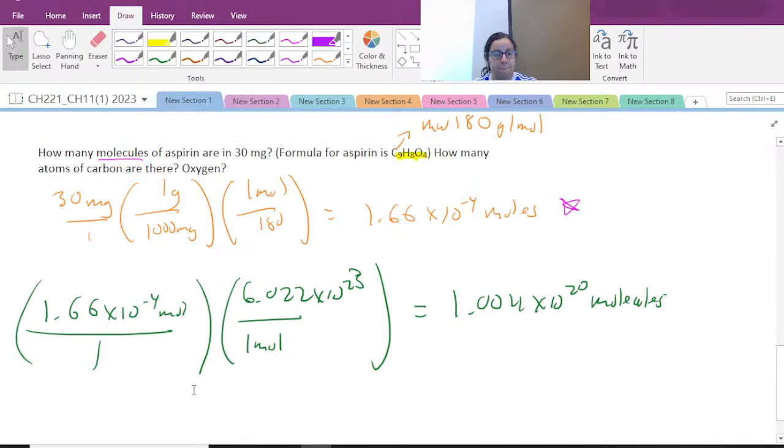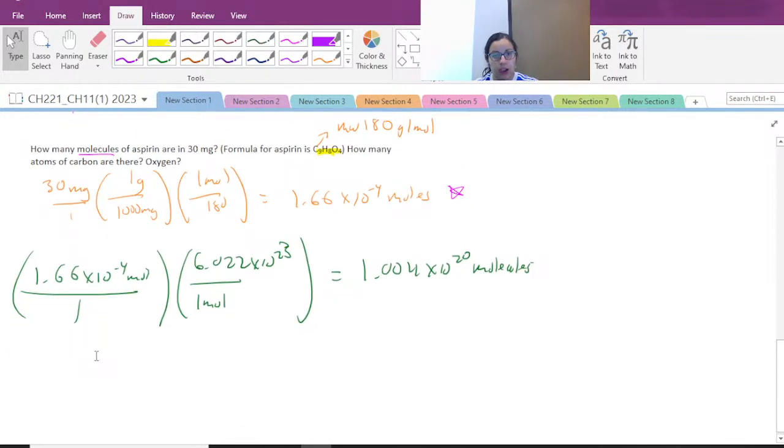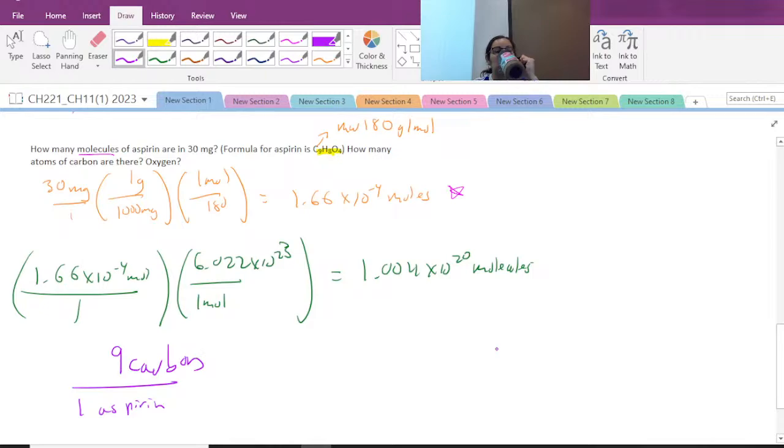So then oxygen, we have, or carbon, let's start with carbon. Carbon, we have 9 times this amount of molecules, so it's going to be, because I can't do that many decimal places in my head. Sure you can. I traded being able to factor things in my head for basic arithmetic.